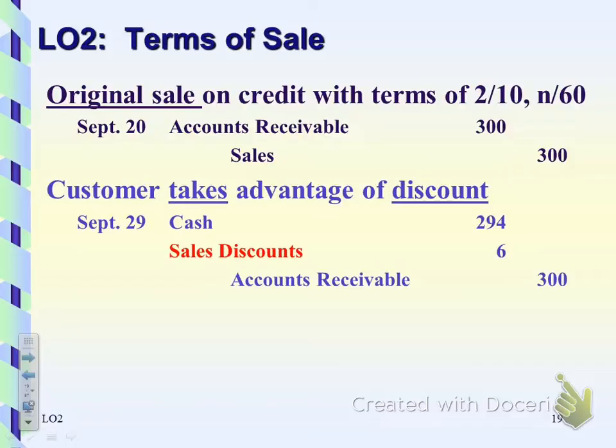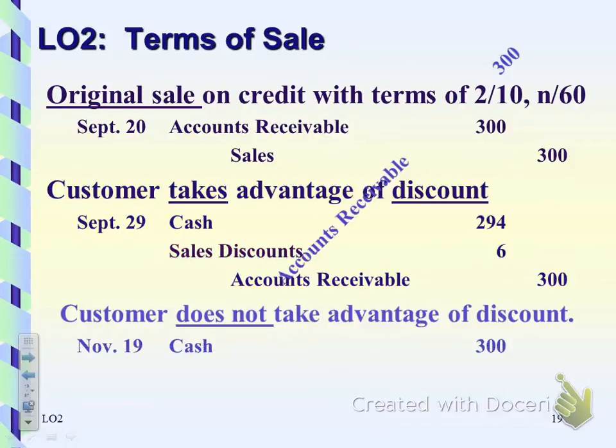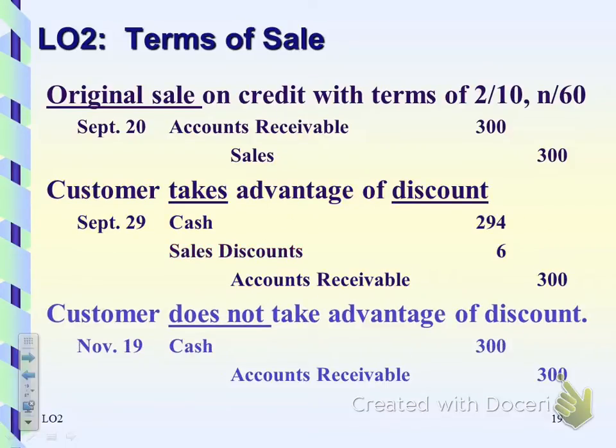So we reflect it as a sales discount: we debit cash, we debit the sales discount, and we credit the account receivable. Do they have to take the sales discount? No. If they don't, we would record our normal situation where we get the $300 and the account receivable goes away.